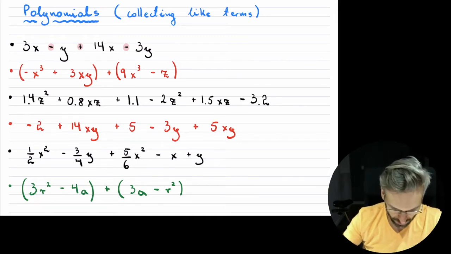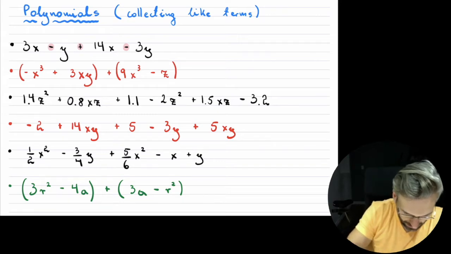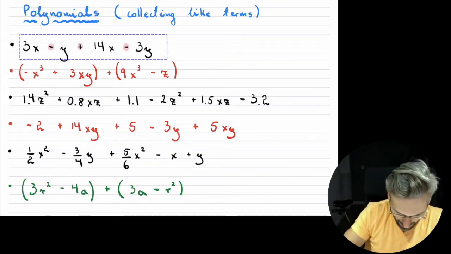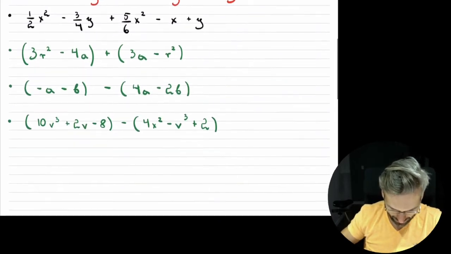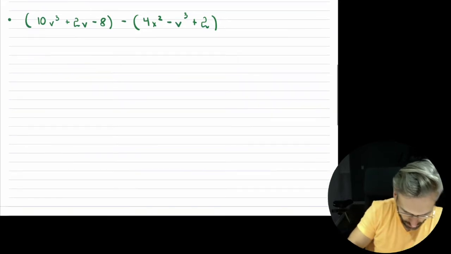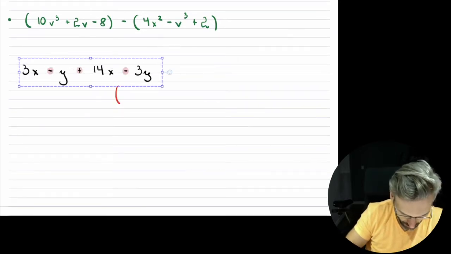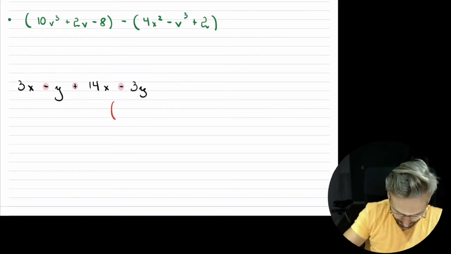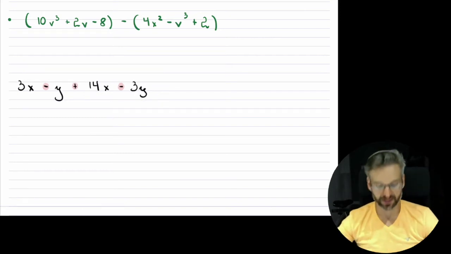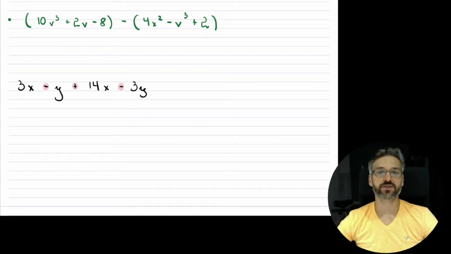So what I'll do is cut these out and solve them one by one, and you can take the ones that you want to look at and see how these polynomials work. So for example, here is the first one that we have, which is 3x minus y plus 14x minus 3y.